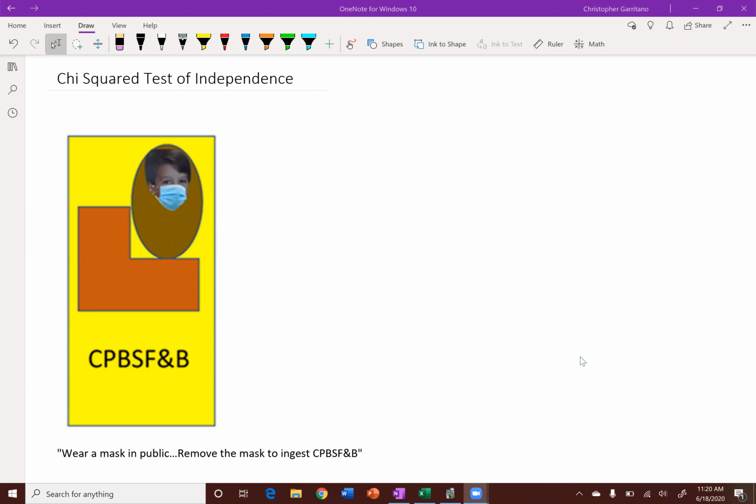So that's basically what we're going to discuss today. I'm not going to go over every single detail, but I'll go through an example. I'll show you the difference in terms of how the sample is collected. And then we will also talk about the idea of residuals when dealing with a chi-squared situation.